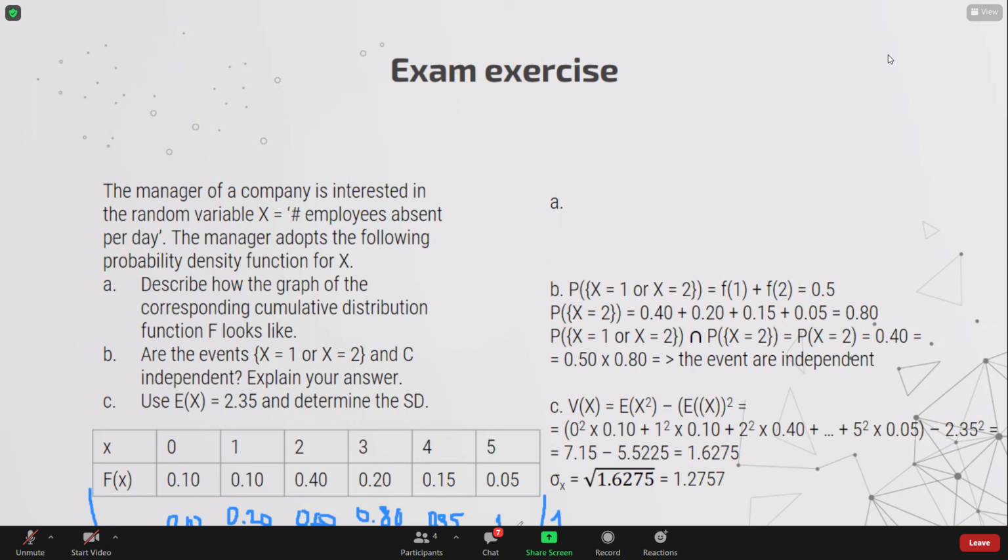So we are correct. So if you have to sketch that up, here we have x, here we have f of x. And now let's make it longer. We're just looking at those numbers at 0, at 1, and up until 5.